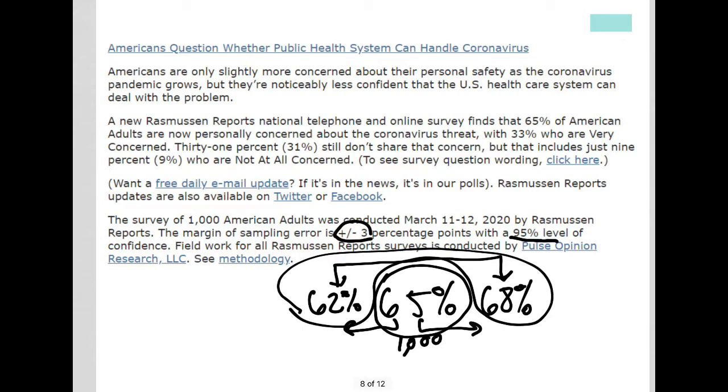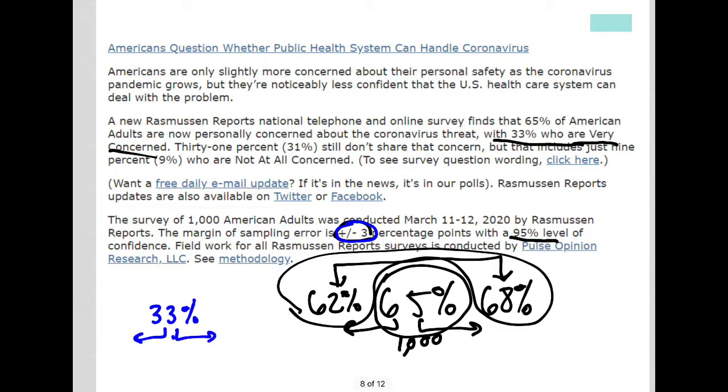So we can look at it for the percent of people who are very concerned. So notice here's our very concerned. It tells us that 33% are very concerned. Well, their data has the same margin of error no matter what because they did this research all together. So basically, the percent that we can expect are very concerned across the entire nation, not just in their sample, will be plus or minus 3 percentage points from their sample statistic.